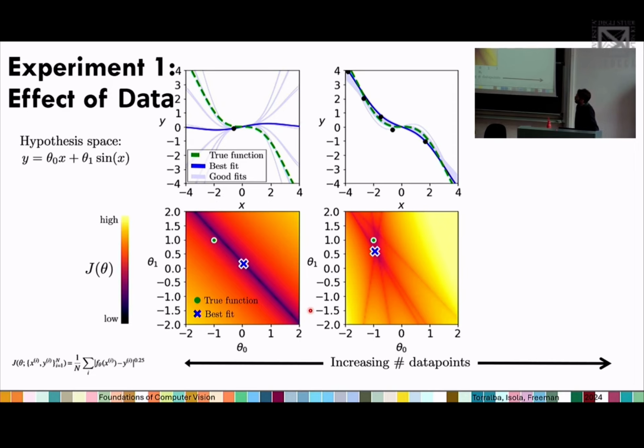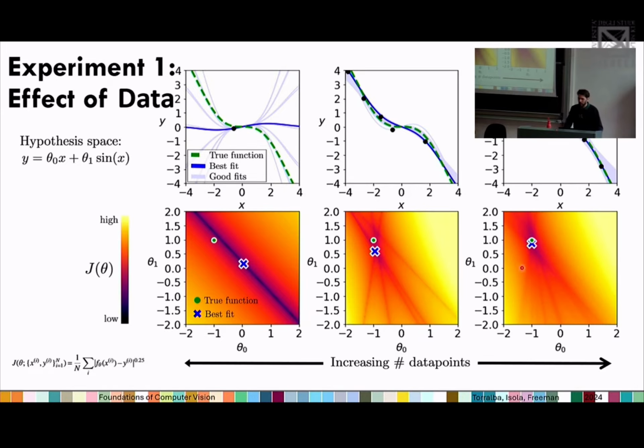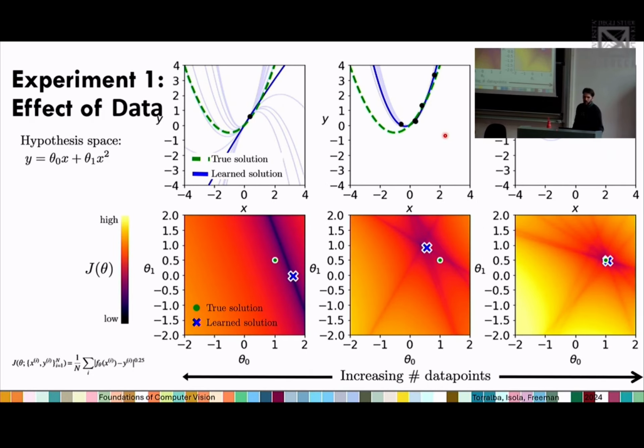All of these combinations of theta 0 and theta 1 have exactly the same fidelity values, while the more points we add, and the farther apart they are, the more we constrain all of them. And indeed, you can see that the two converge. In this other experiment, when we are fitting a quadratic function, we can see again that the more points we add, especially over a larger range, the more constrained our fit is.